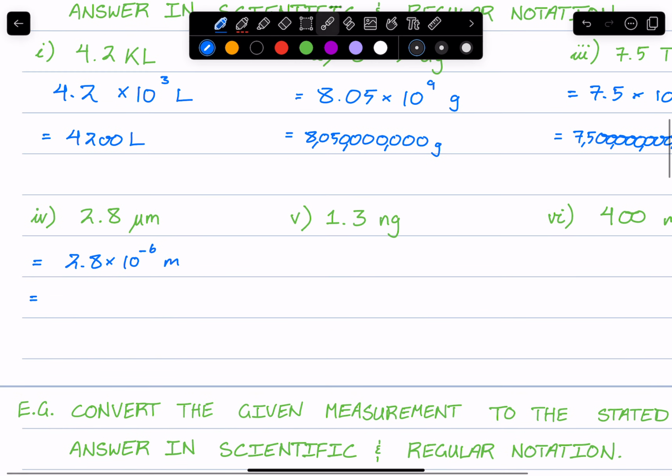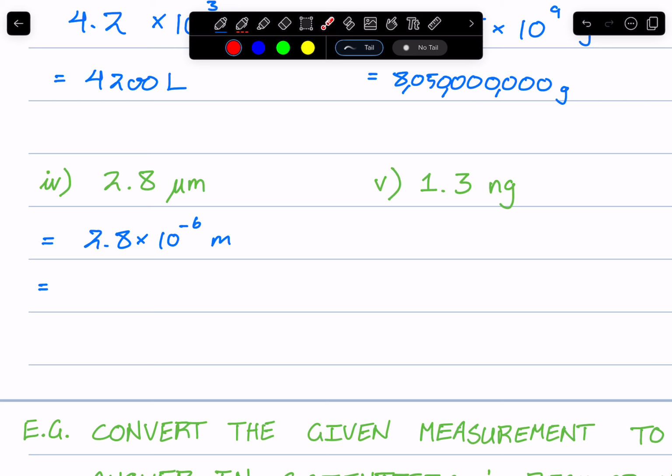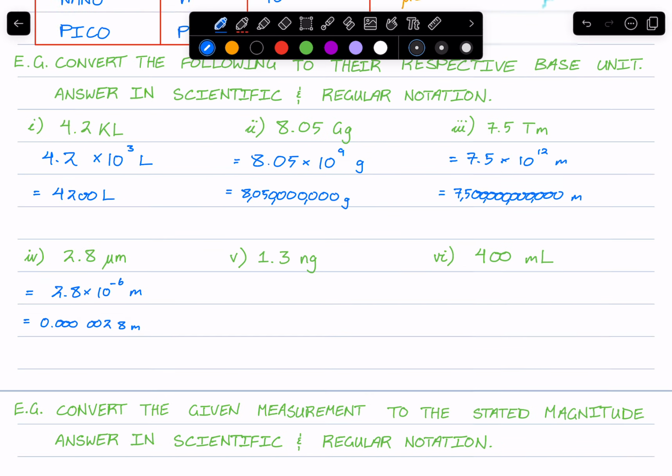This is our answer in scientific notation. Writing this in regular notation, it's just going to be 6 zeros in front of it. So 0.000002 8 grams: 0, 1, 2, 3, 4, 5, 6, 2, 8. That's a very, very small unit of measurement.